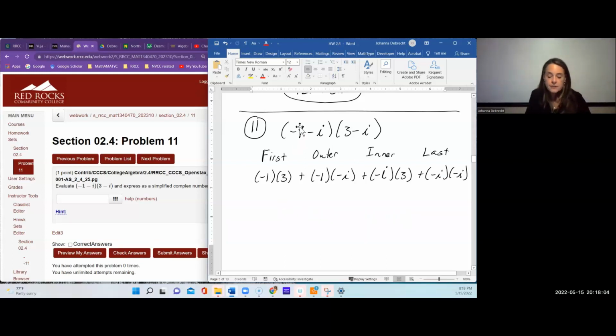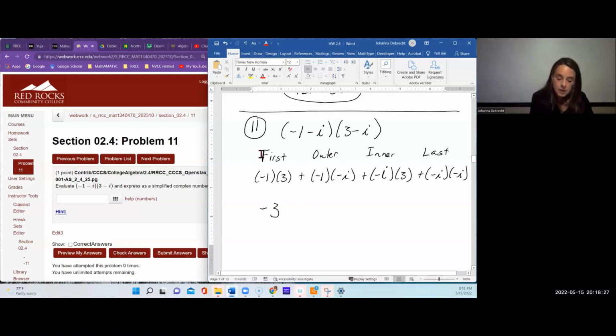Again, first stands for the first term in each binomial type object. That gives us -1 times 3, which is a -3. Outer stands for the ones on the outer edges of the expression. The -1 from the first set of parentheses multiplied by the -I from the second set of parentheses.